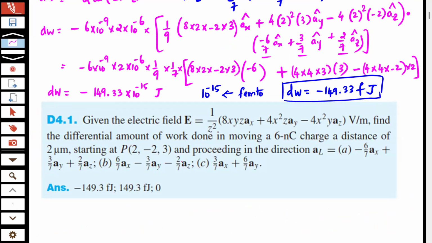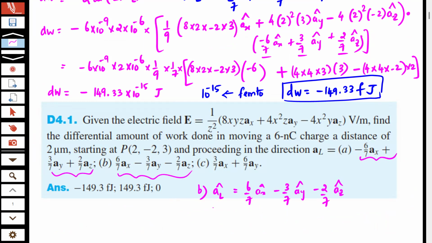Now, continuing to proceed with the second subdivision, when you look at the aL cap for the second subdivision, that is 6 by 7 aX cap minus 3 by 7 aY cap minus 2 by 7 aZ cap. So it is just the negative of the first subdivision. Whatever work done we are getting, one negative sign will come.